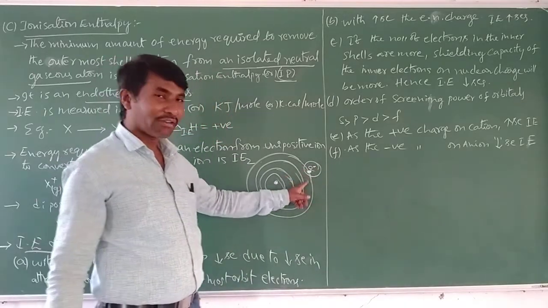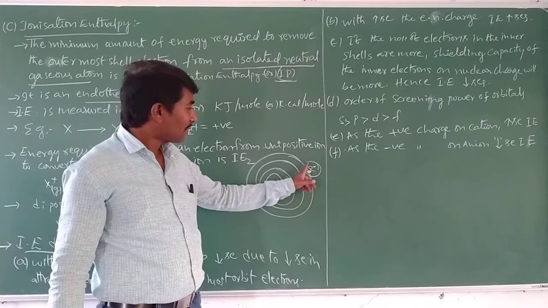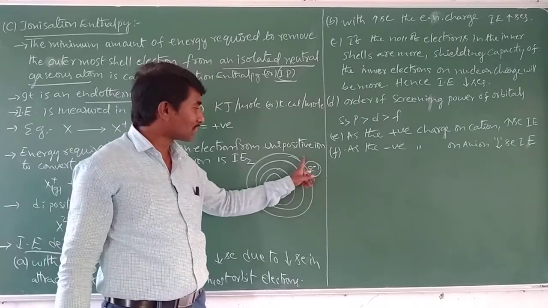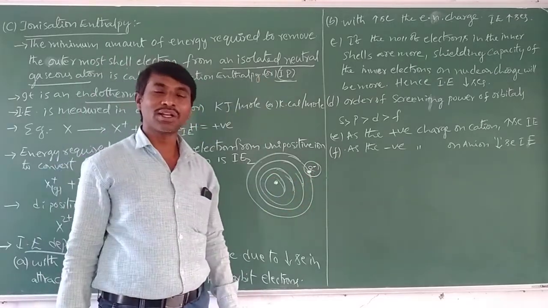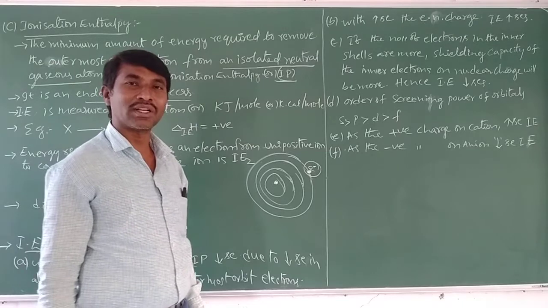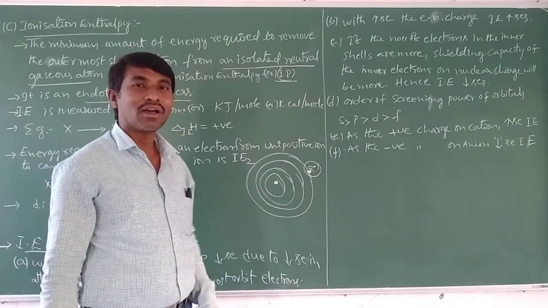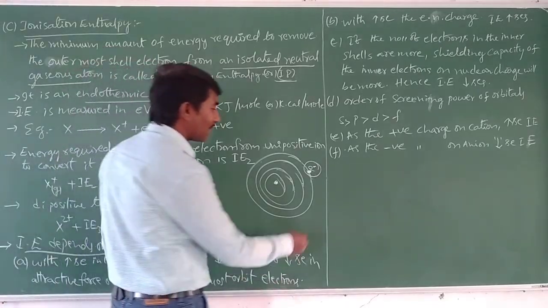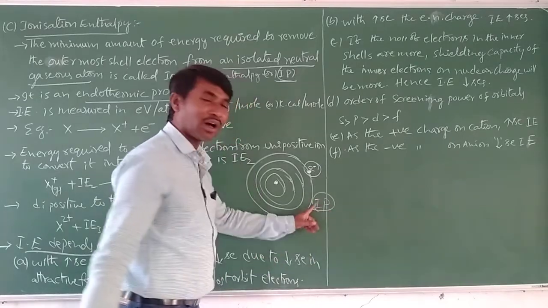The energy required for the removal of the outermost electron from the isolated neutral gaseous atom is called ionization enthalpy, or ionization potential also, IP or IE.